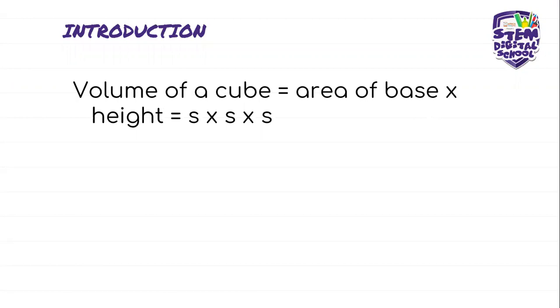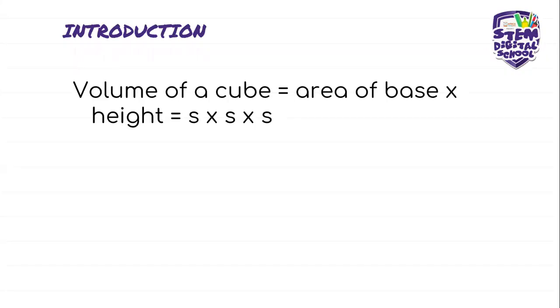And of course, we are continuing with our lesson on volume, where we define the volume of a cube as the area of the base, which is multiplied by the height. So the area of the base in this case, that will be the side multiplied by the side, and then the height, of course, is also another side.